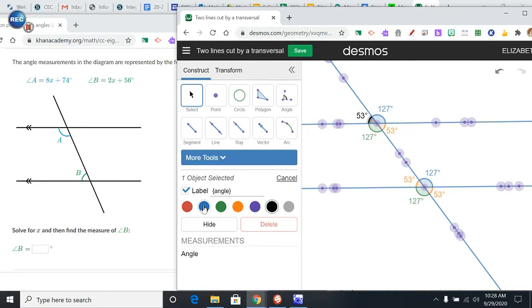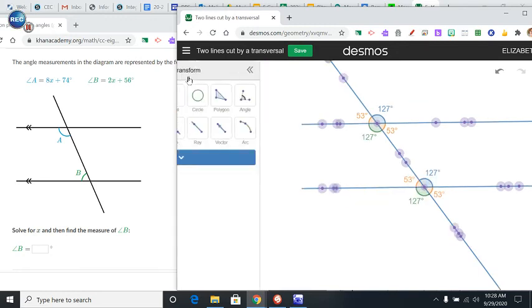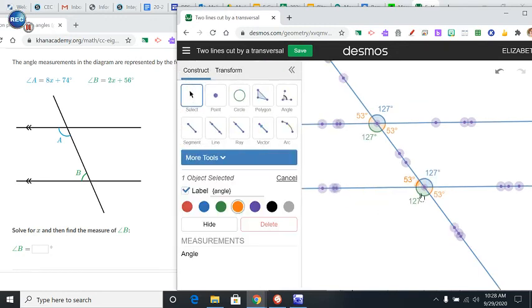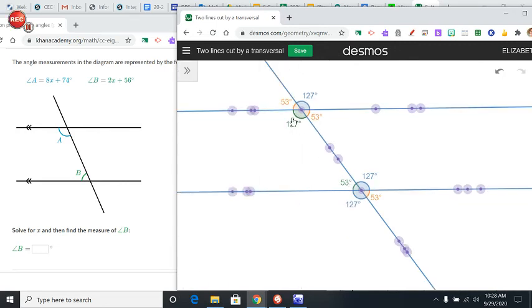That one was orange. Whoops, that's not this one. That was blue. Okay, it's going to be blue. This one's going to be green. So the two angles that are green in my picture on my construction on Desmos are in the same location as A and B.